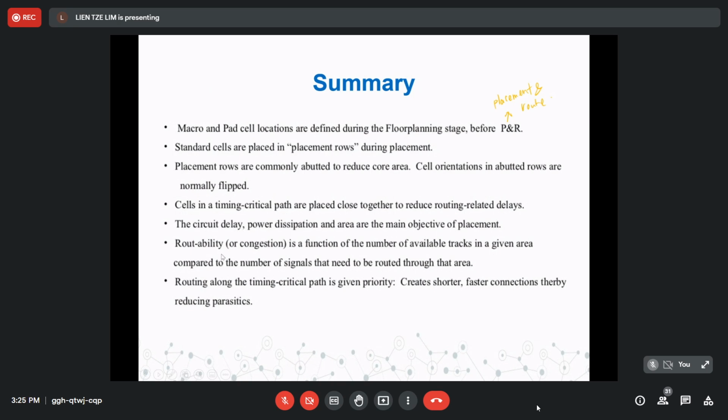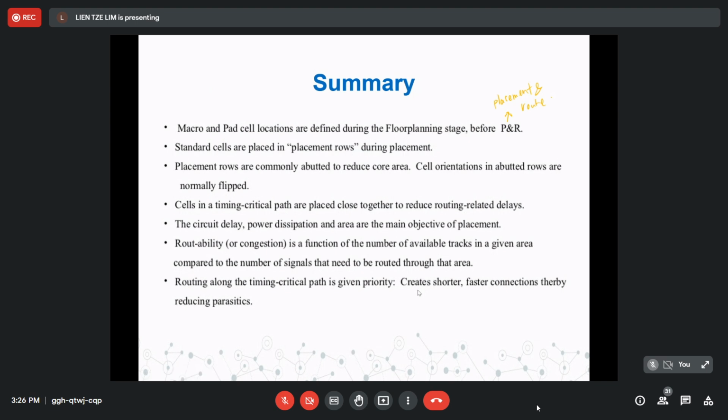Routability or congestion is a function of the number of available tracks in a given area compared to the number of signals that need to be routed through that area. Routing along the timing critical path is given priority, to create shorter, faster connections nearby, reducing the parasitics.